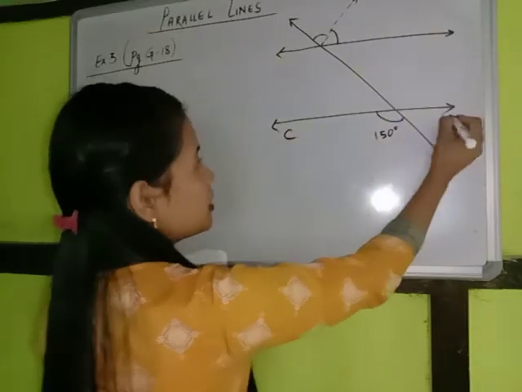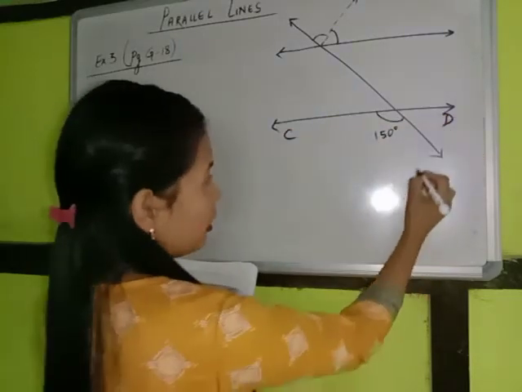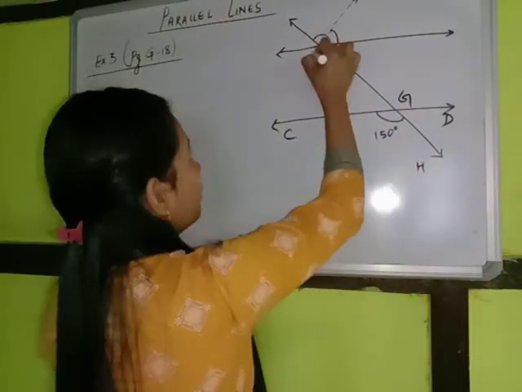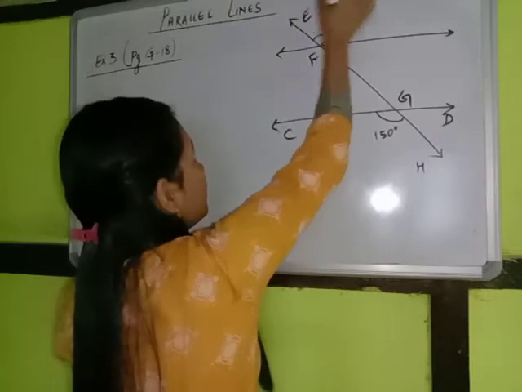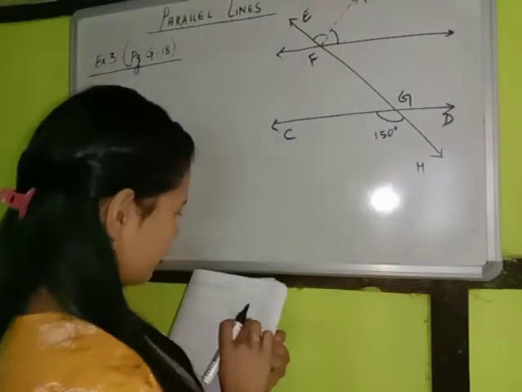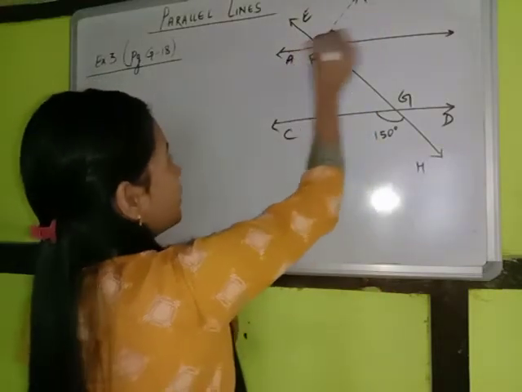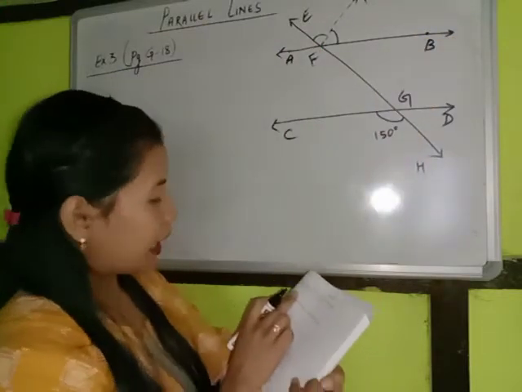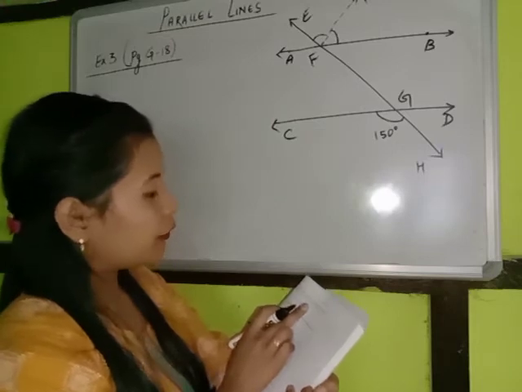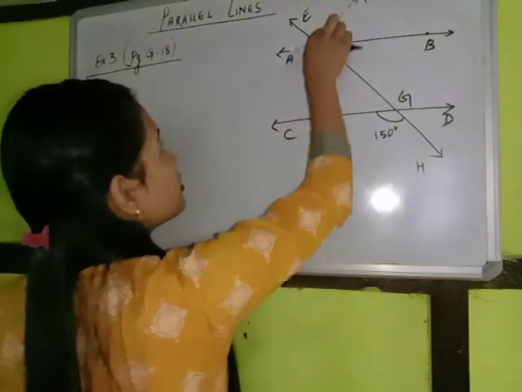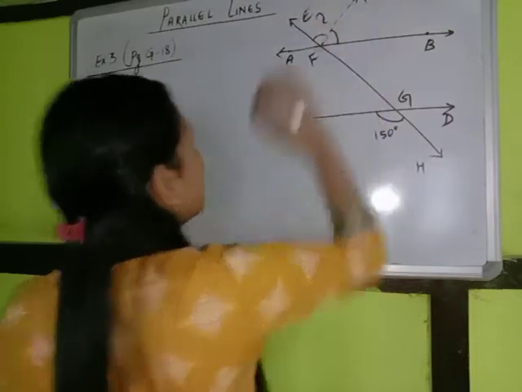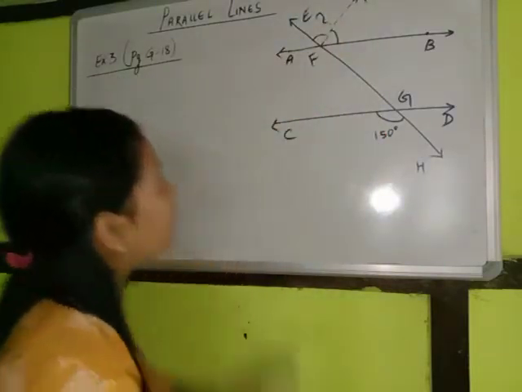This is CD, let me name this H, G, F, E, P, and this is A, this is B. So if angle CGH equals 150, find the value of angle EFP. This is the angle we need to find out, EFP. I've marked it with a question mark.